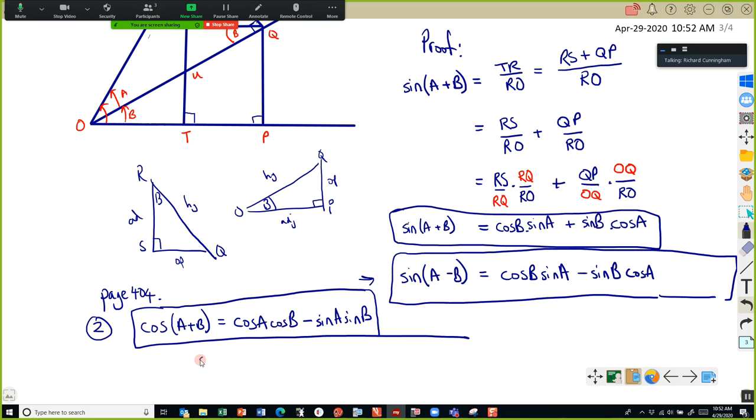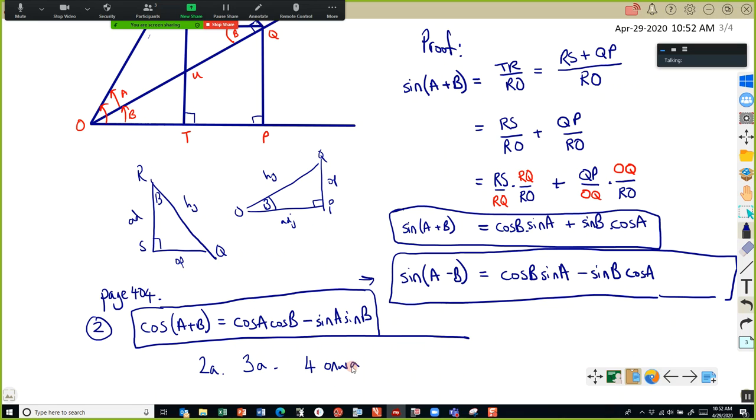So what I would like you to have a go at is question 2A. Don't worry about B. And then question 3A is a really good one. Don't worry about B. And then question 4 onwards are really good questions for sure.